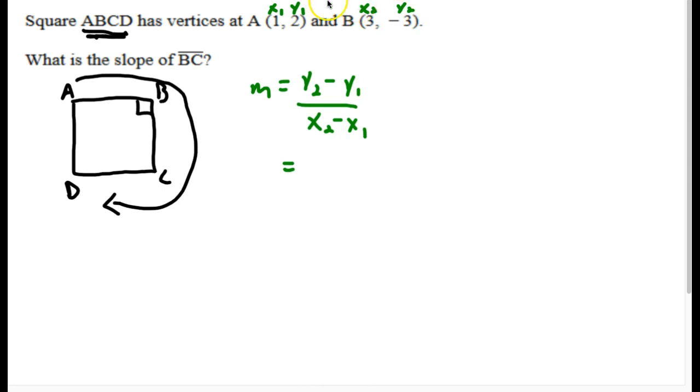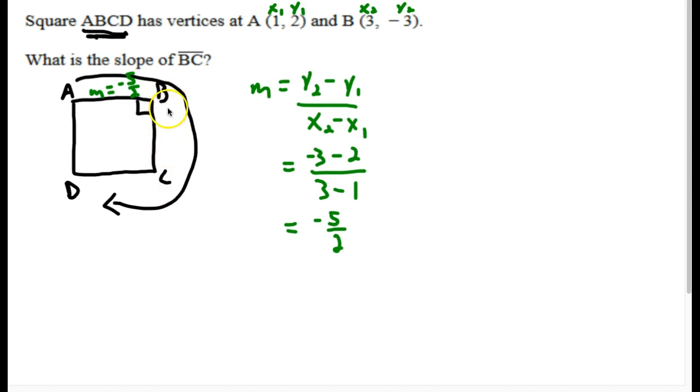So y2 minus y1 is going to be negative 3 minus 2 over x2 minus x1, 3 minus 1. So that'll be negative 5 over 2. That means the slope of AB is negative 5 over 2.